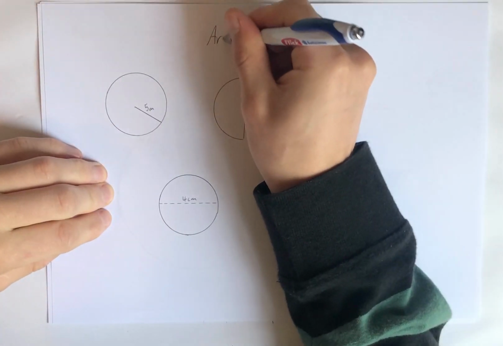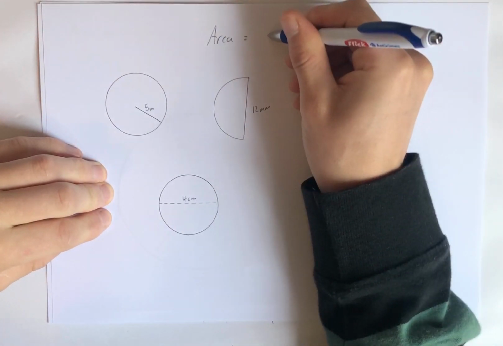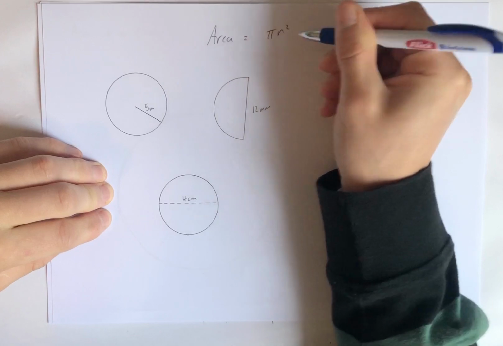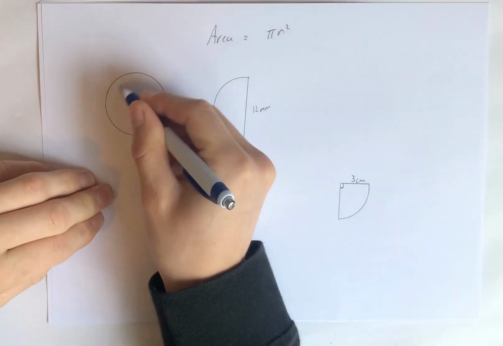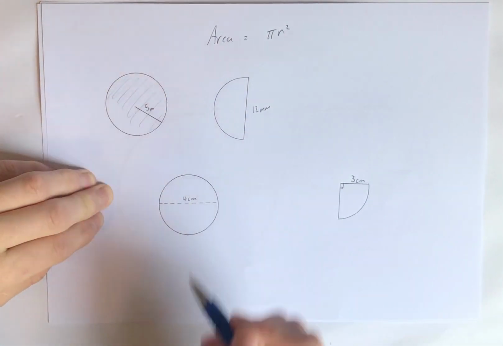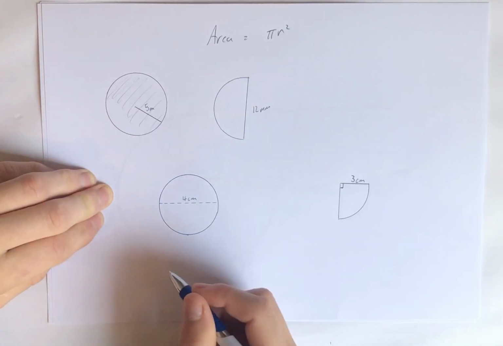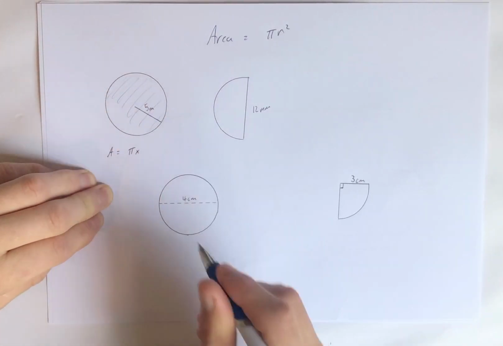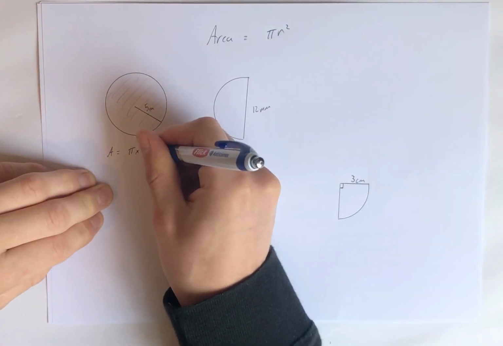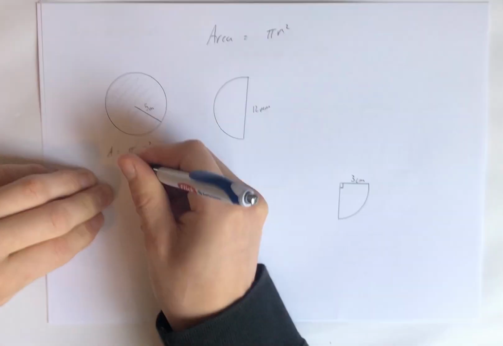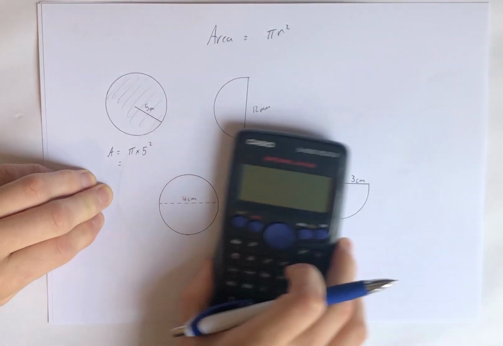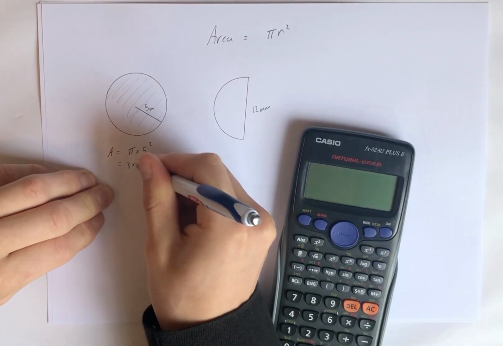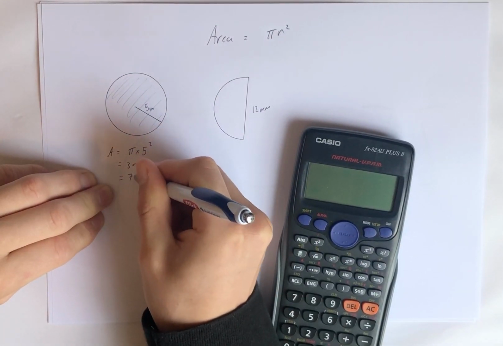So area is pi r squared. So if I wanted to find the area of this circle here with a radius of 5 meters, its area is pi times r squared. So if you're in year 9, that's just 3 times 25, which is 75.